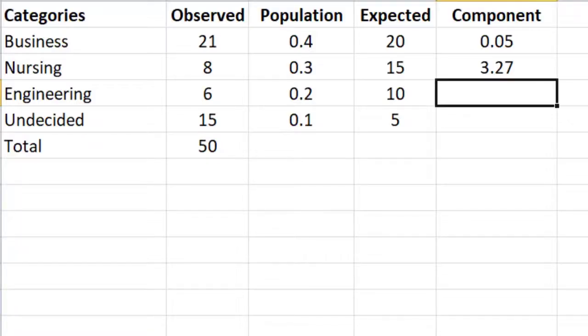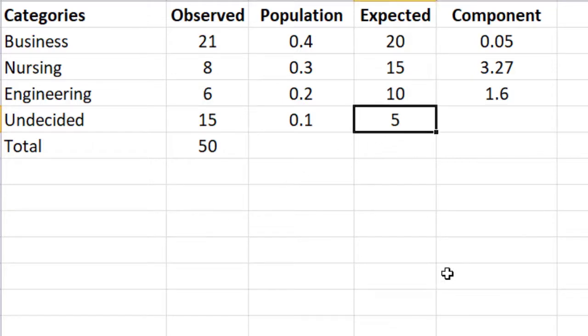And so now on my table here, I will be entering 1.6 into the third entry, the third category of our fourth column here, to list all of the components. And so now we're on our way heading to the last category, being an undecided major in this sample.